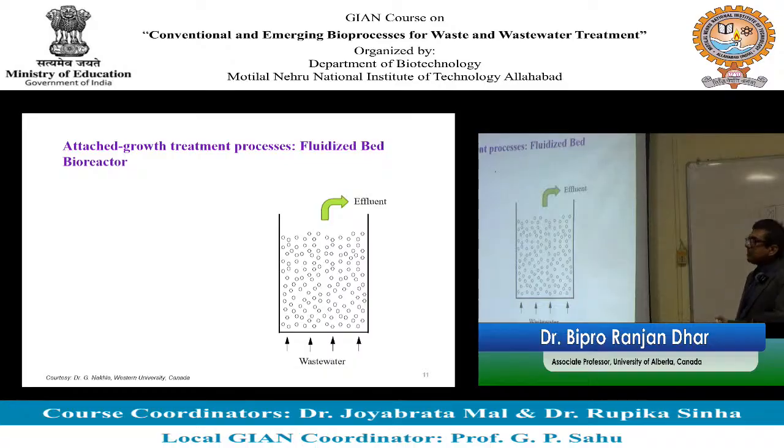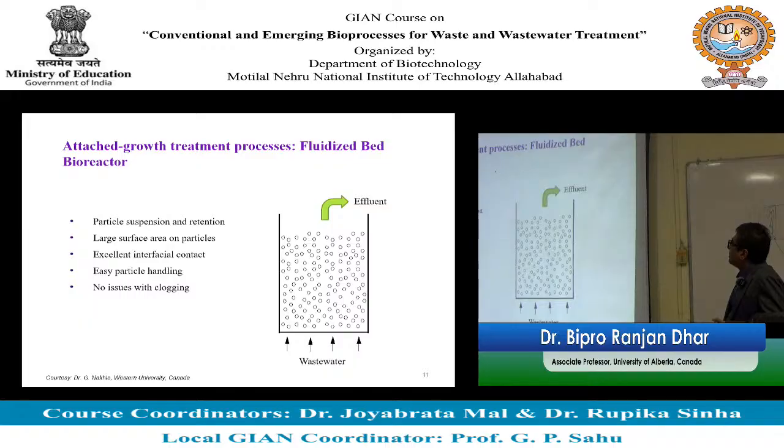This kind of system can be either aerobic or anaerobic, depending on the process you use. The particles are in suspension and can still be retained, and they provide large surface area, excellent interaction between microbes and contaminants, easy particle handling, and no clogging issues because you don't have a packed bed.